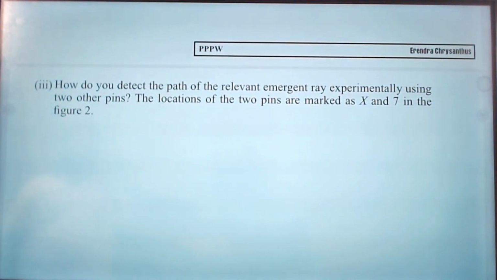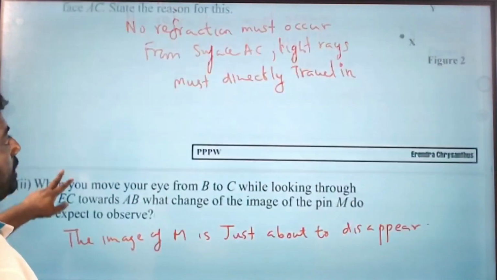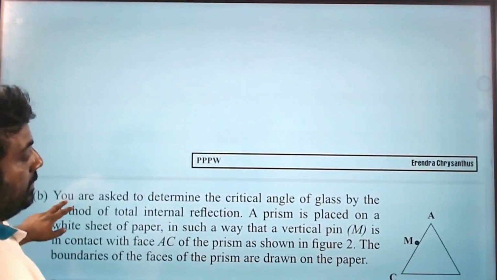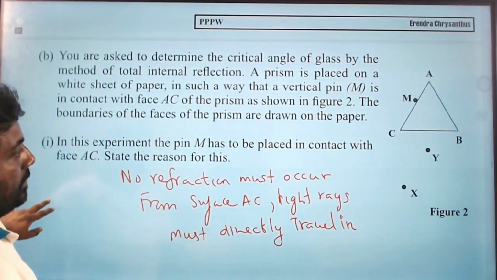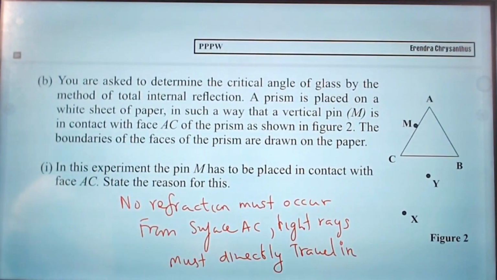How do you detect the path of the relevant emergent ray? Experimentally, using two other pins. The locations of the pins are marked as X and Y in figure 2. So what do you do?